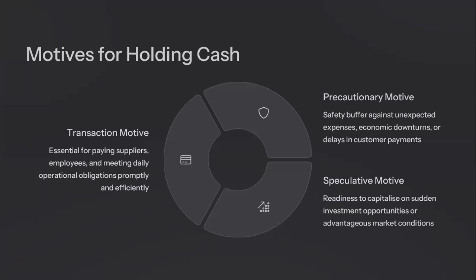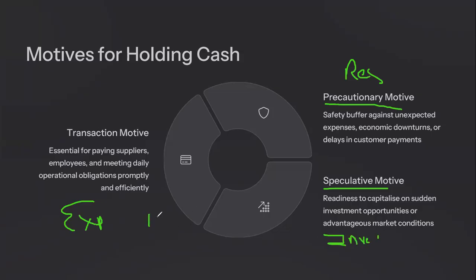The speculative motive talks about earning more profits out of the available funds. So the transaction motive is expenses, precautionary motive is reserve, and speculative motive is called investment.